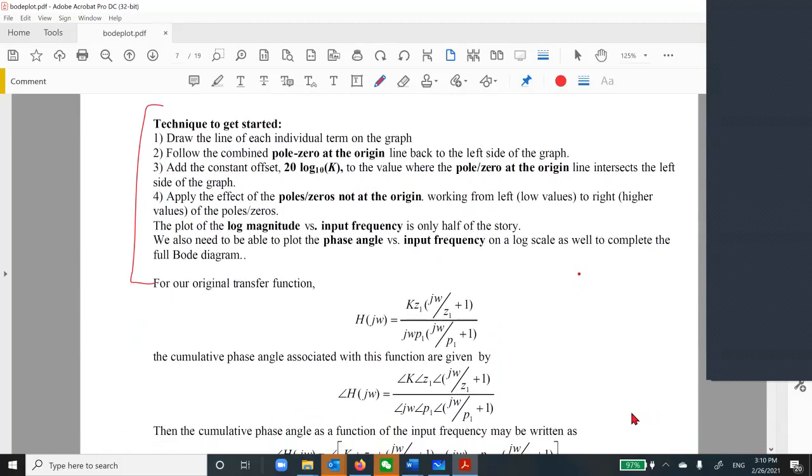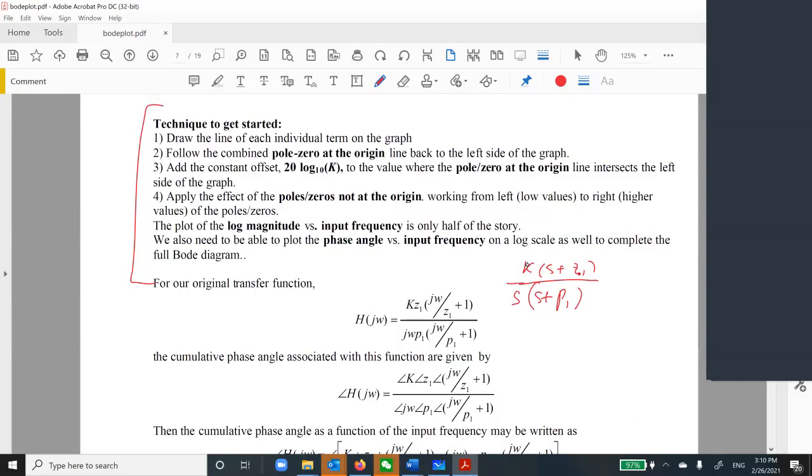But how about phase? Phase is the angle. We started with K times (S plus Z1) and so on, divided by S plus P1.